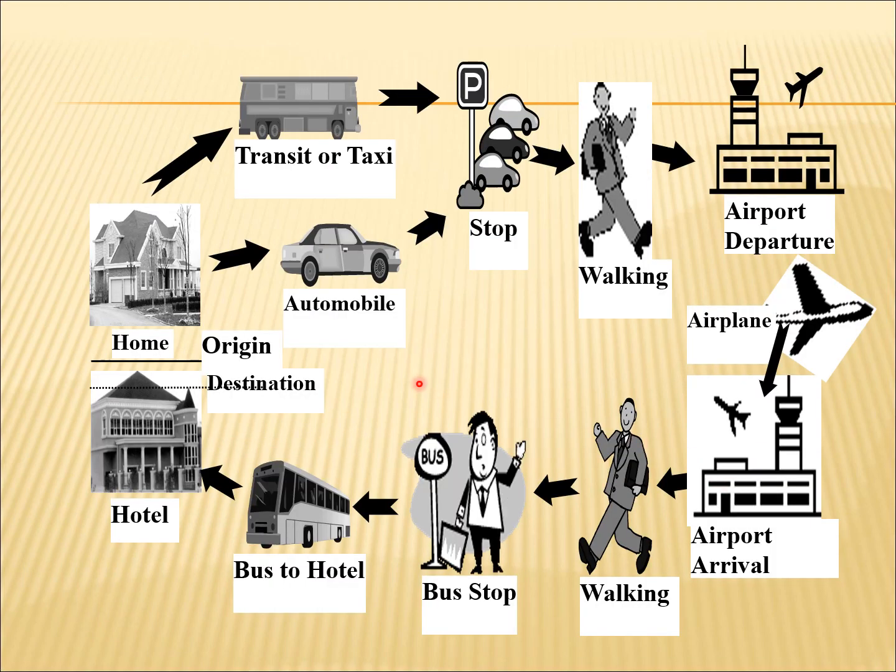Well, this slide is showing different activities and portraying the importance or the significance of the transportation systems. For example, you can see that this is the home, and somebody has either used the automobile or the transit or taxi, and ultimately that person has reached the airport for the departure to his destination.